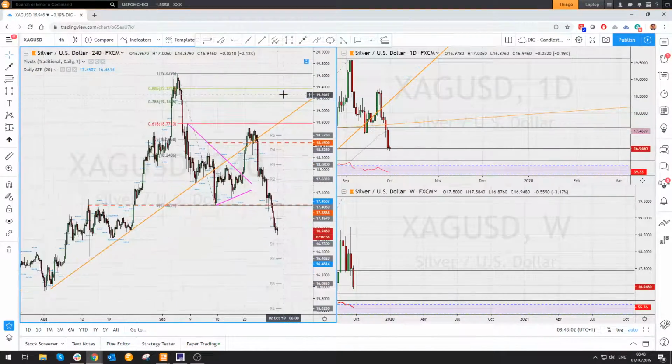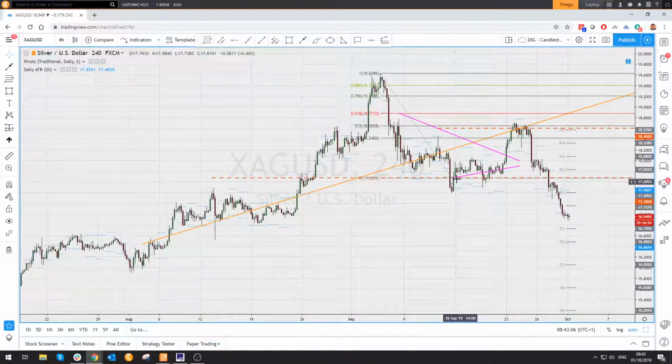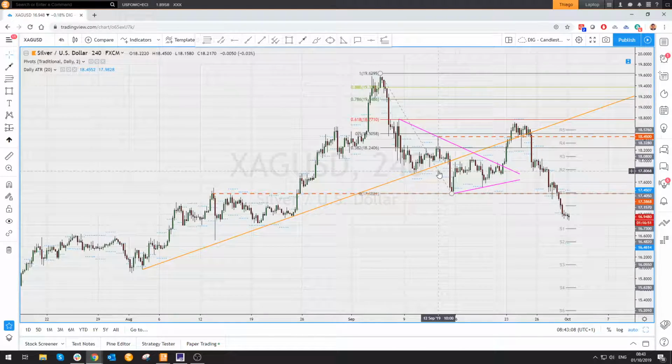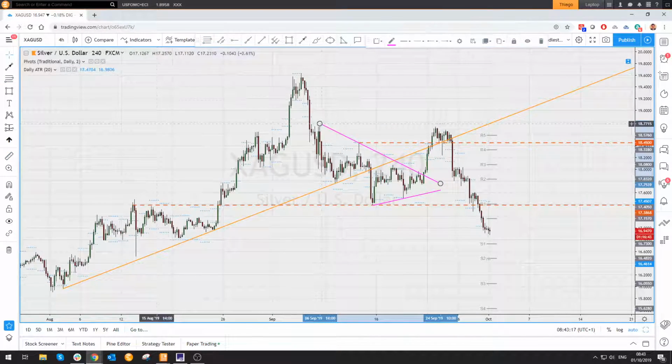We normally don't look at silver here, but here we are. And silver, it's one market that I don't like to trade because sometimes it gives you over-exaggerated moves. It's not this.